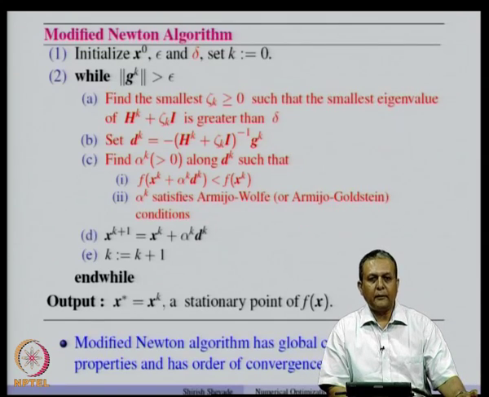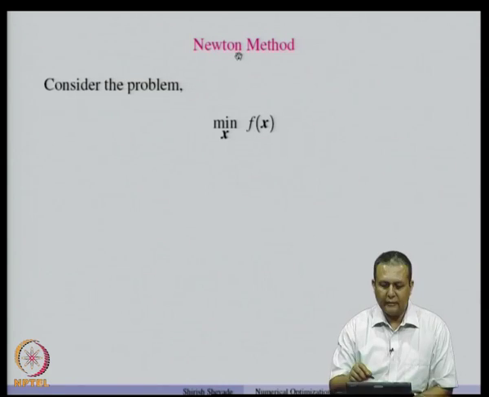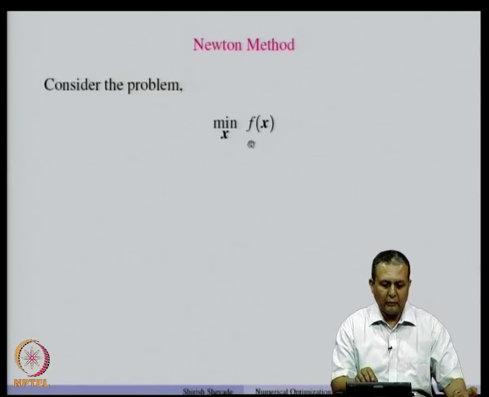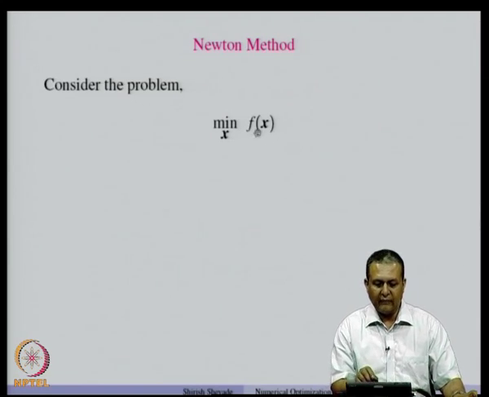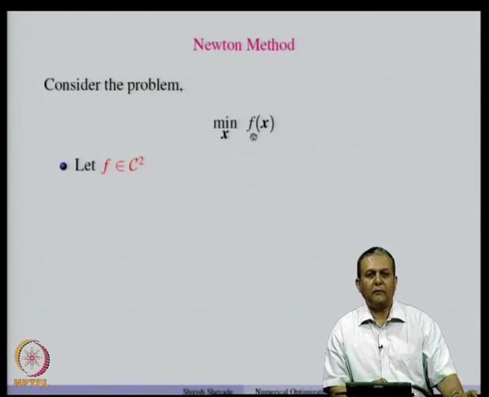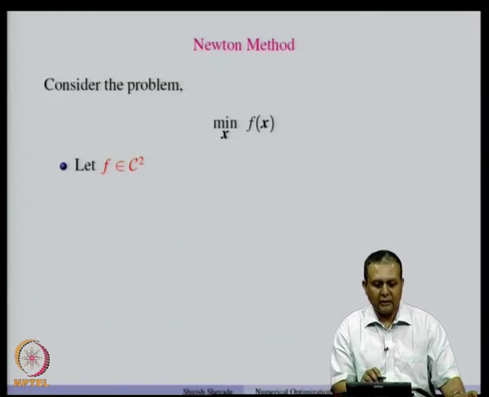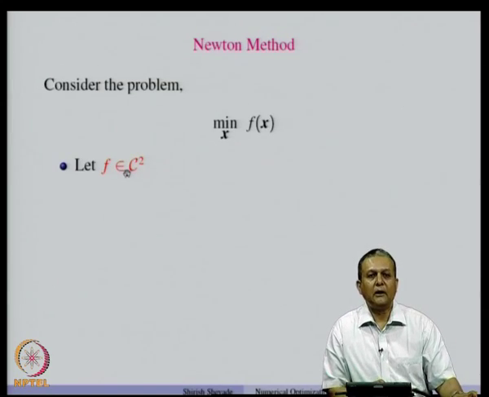Now, we will look at some other modification of Newton method also. So, let us recall that we are trying to minimize f of x, and in Newton method we consider f to be twice continuously differentiable and bounded below.